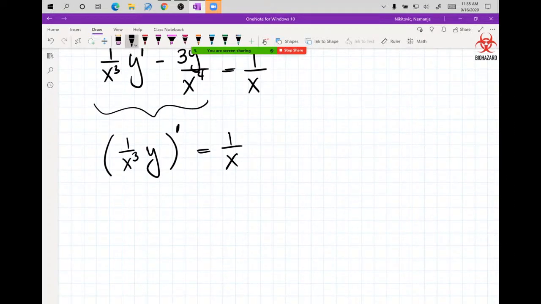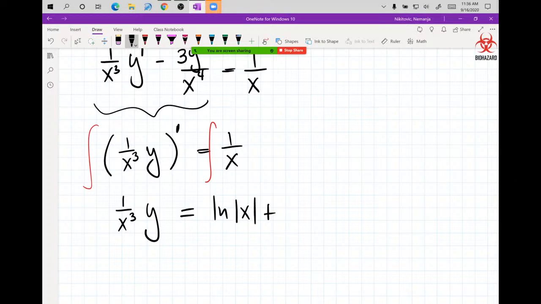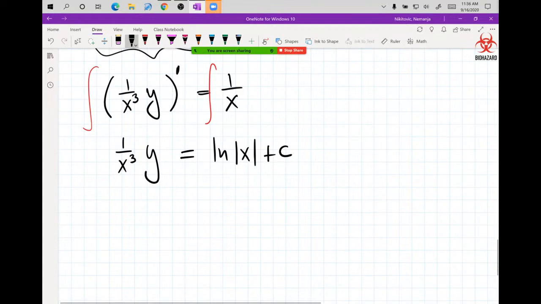So we integrate both sides. We get 1 over x cubed y equals, and the integral over here is ln absolute x plus c. Do not drop absolute values. They're not there for decoration. You must have absolute value when you integrate 1 over x.